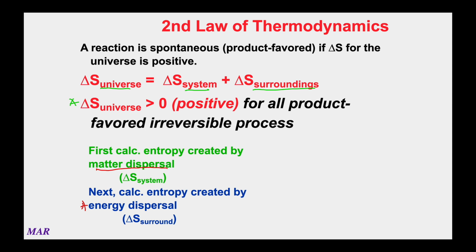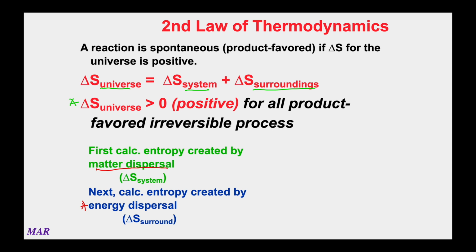But anyway, all right, superpower maybe is an exaggeration, but hopefully you get the idea. This law is actually the equivalent in a chemistry term for that kind of superpower. Because if you can calculate the delta S of the universe, and if you find it's greater than 0, that reaction is going to occur. And it can be any combination of chemicals, any conditions. So this is why scientists want to do it.